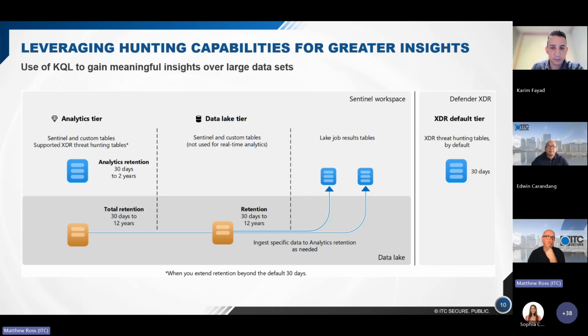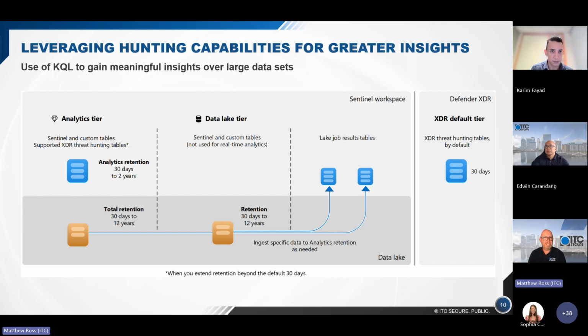So I just want to talk through the architecture and how everything ties together within the XDR ecosystem. So Data Lake is one of two tiers of data storage now available within Sentinel.